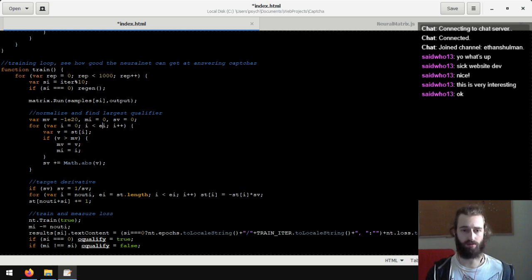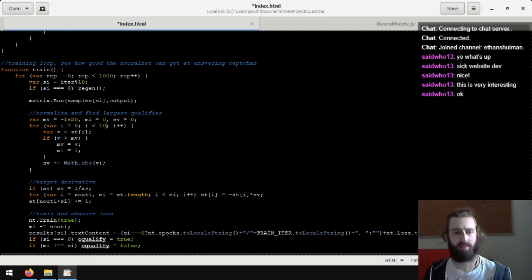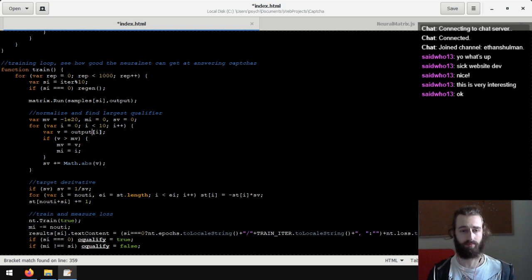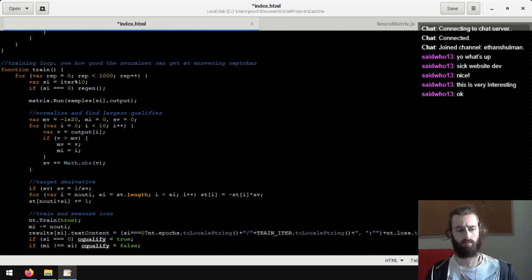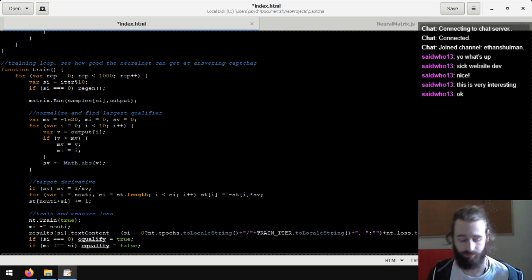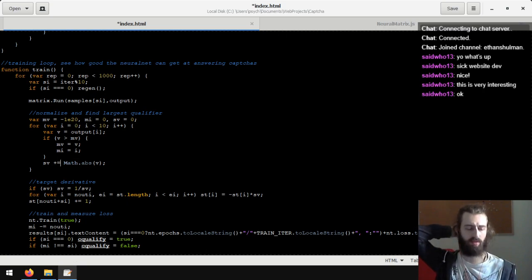First of all, I have to change this because now it's just based off output. I don't know if I should normalize this using abs or normalize it with like Euclidean square, using square average.